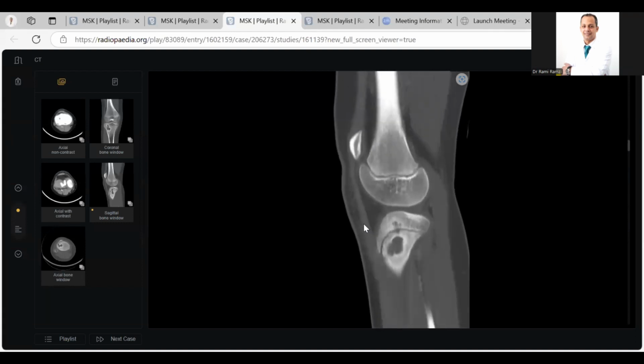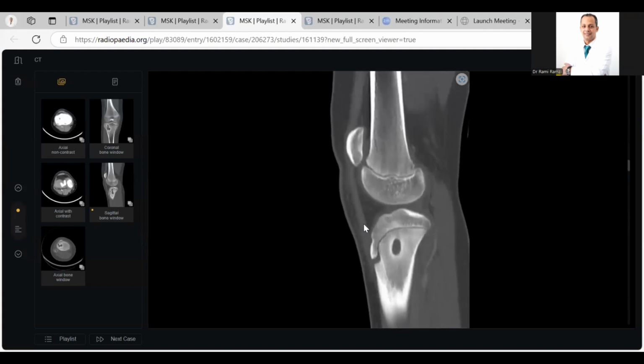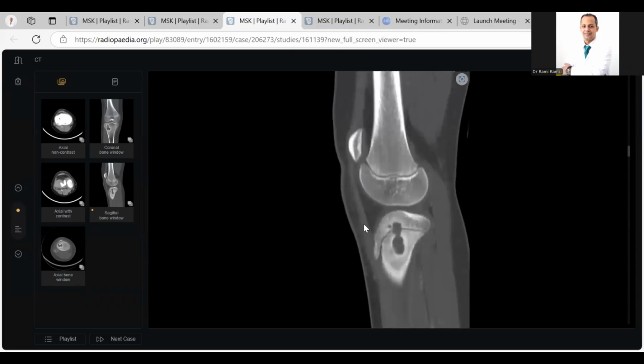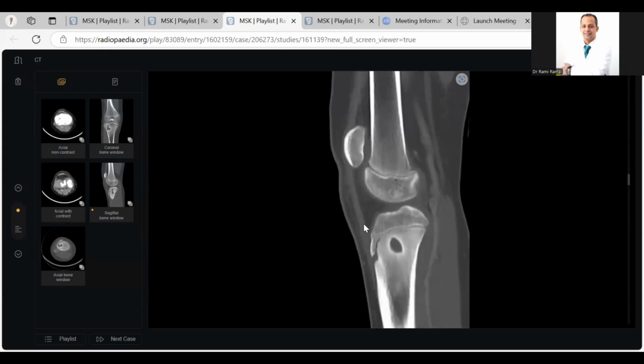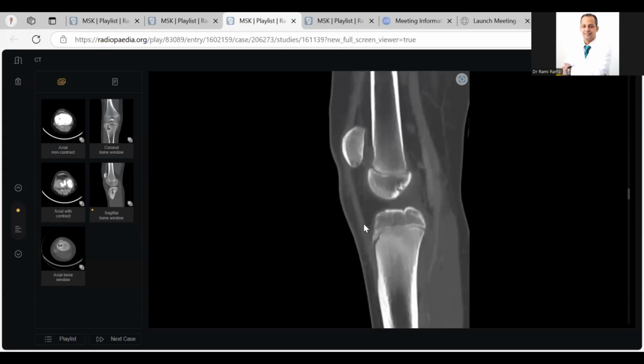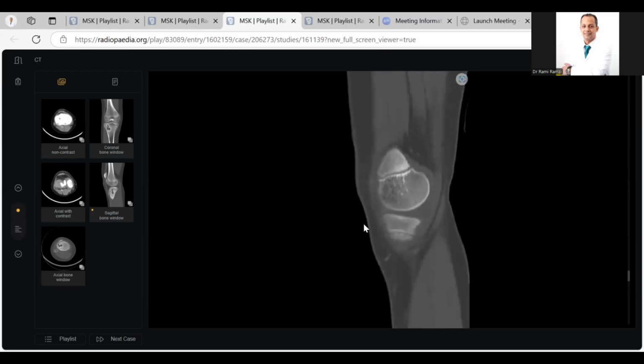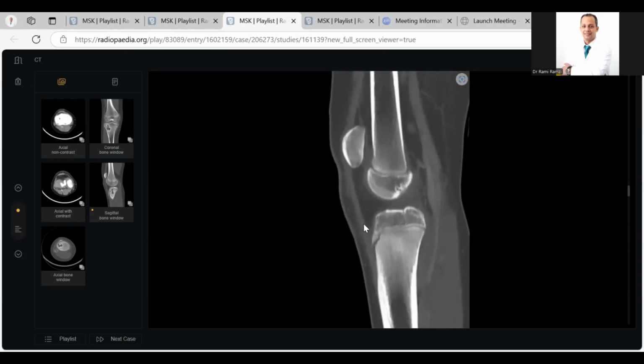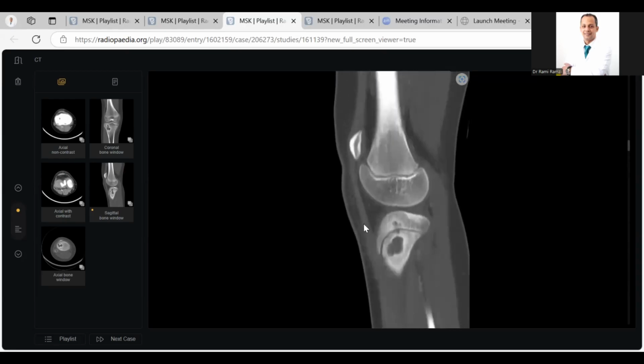Most likely, if this patient has a history of fever, this could be a Brodie's abscess. Excellent. However, since this is involving the epiphysis, my differential would be a benign cartilaginous tumor that is also involving the epiphysis. Sorry, I missed the name of that lesion. Chondroblastoma.